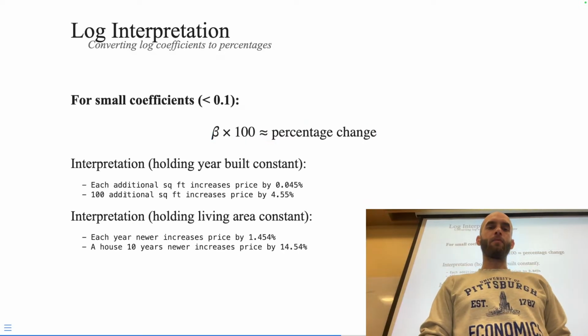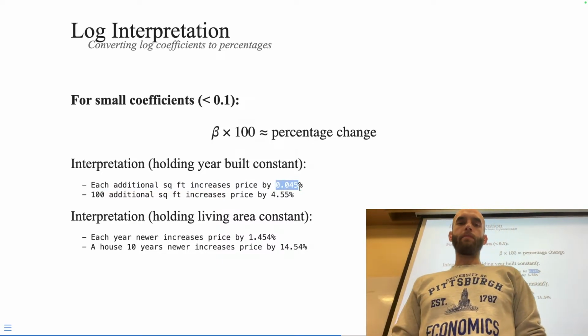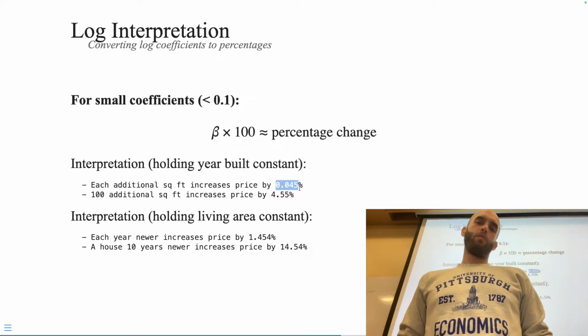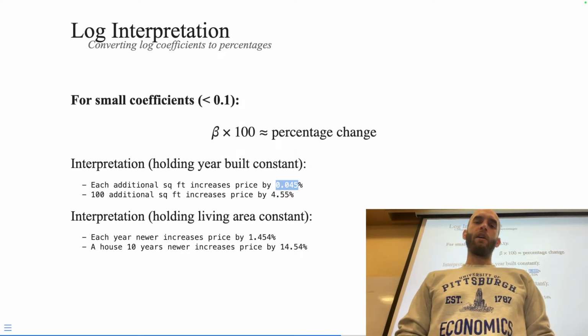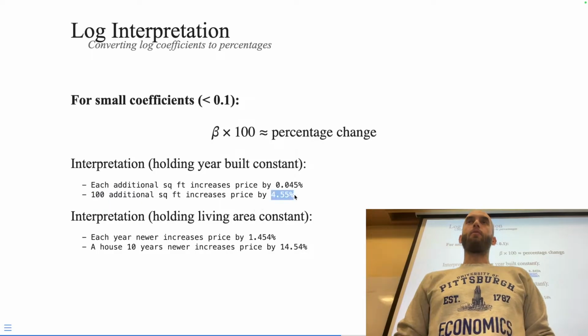So in this case, each additional square foot increases the price of the house by, what's that? 0.045%.